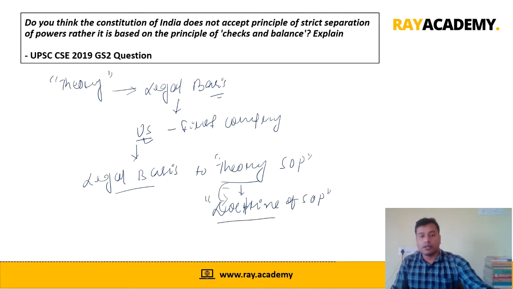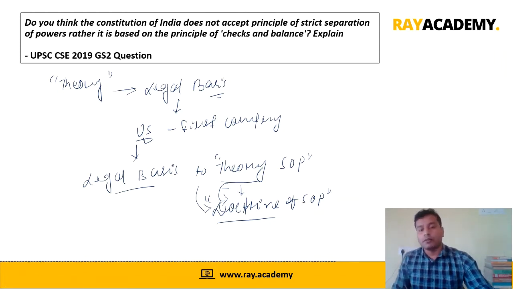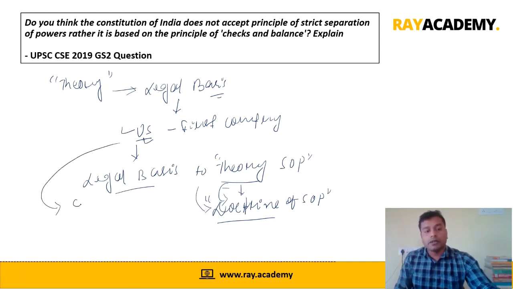Doctrine is a legal term: when your theory has legal basis, then you have certain doctrines, certain principles based on which your legal values will function. But interestingly, what happened? The USA, while incorporating it into their constitution, did not accept it as it is.